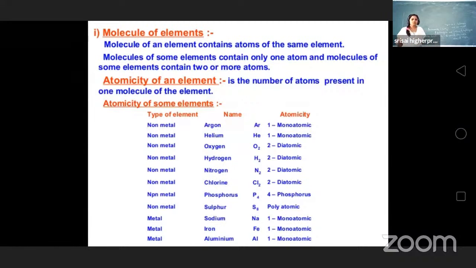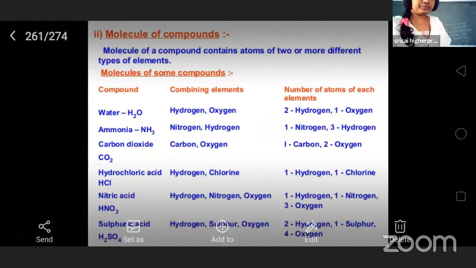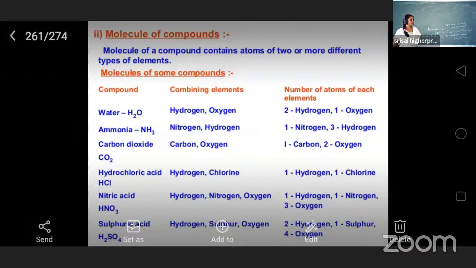Come to this point, molecule of compounds. What is a molecule of a compound? A molecule of a compound contains atoms of two or more different types of elements. For example, H2O, ammonia, carbon dioxide. These are all a combination of two or more elements.